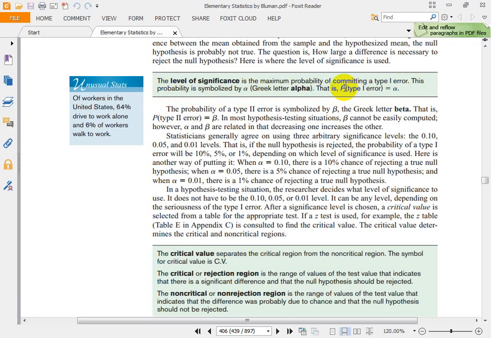Please see on the screen. What is the type 1 error? The null hypothesis is true, but I am rejecting it. So that's why I was telling you about the P value. The P value means the probability of occurrence of a type 1 error, and that is equal to alpha. That is the level of significance.